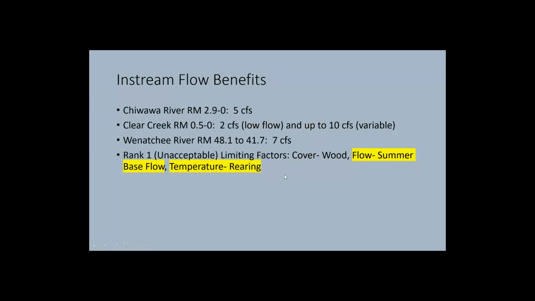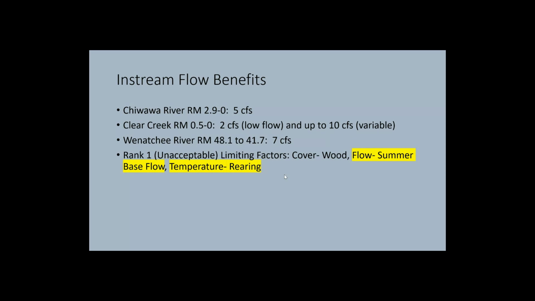So a couple details on that. On the Chihuahua River, from river mile 2.9, at the diversion down to the Wenatchee River, there would be a 5 CFS improvement. So we would reduce the irrigation district diversion by 5 CFS.